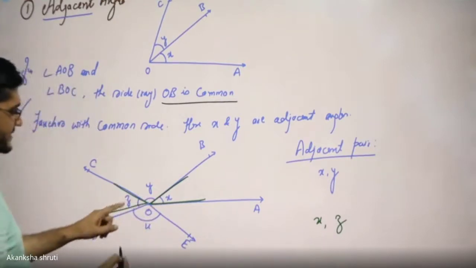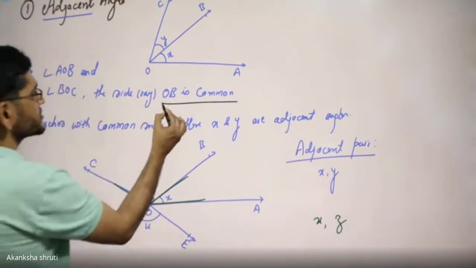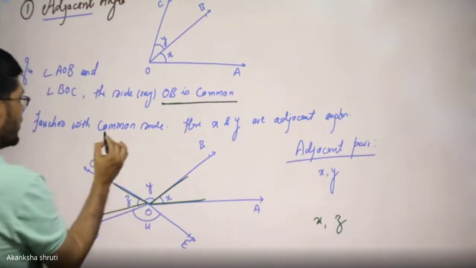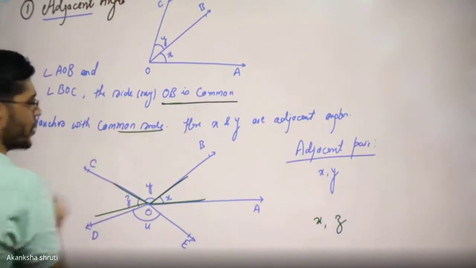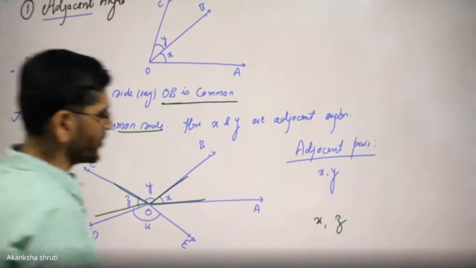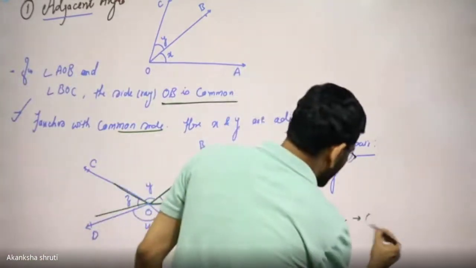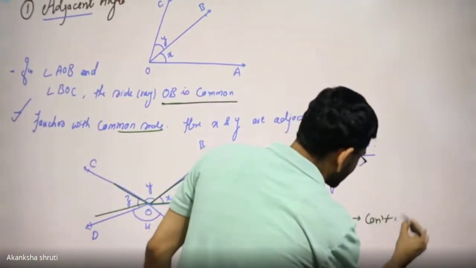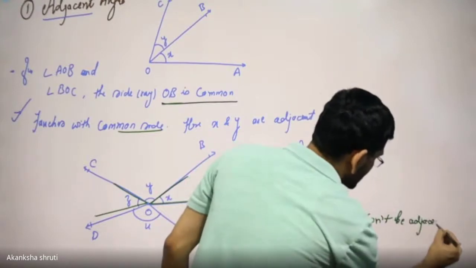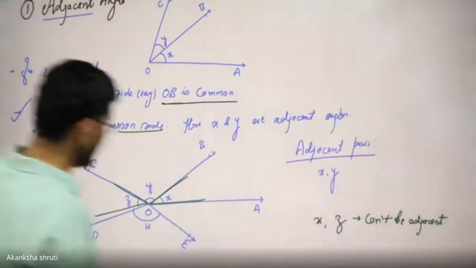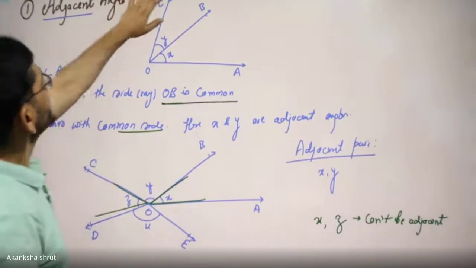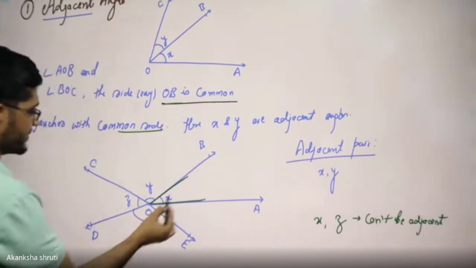So between X and Z, none of these sides is common, or they do not have any common side. Therefore, X and Z cannot be adjacent. So students, adjacent always means they have a common side.